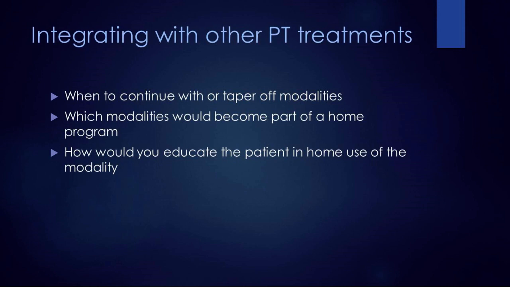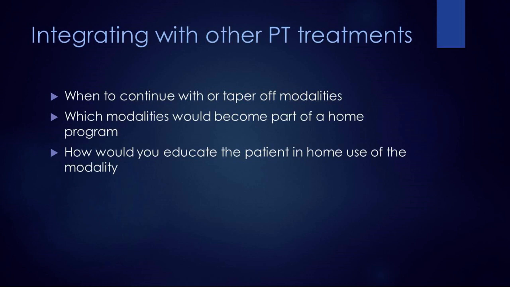We're doing ultrasound, we're doing soft tissue mobilization, and then as he improved, we were starting to add in more stabilization exercises. And then as he got better, we were tapering off. We weren't using ultrasound anymore. We weren't using any electrical stim. Very little soft tissue mobilization. And we were mostly doing strengthening and return to function type activities.